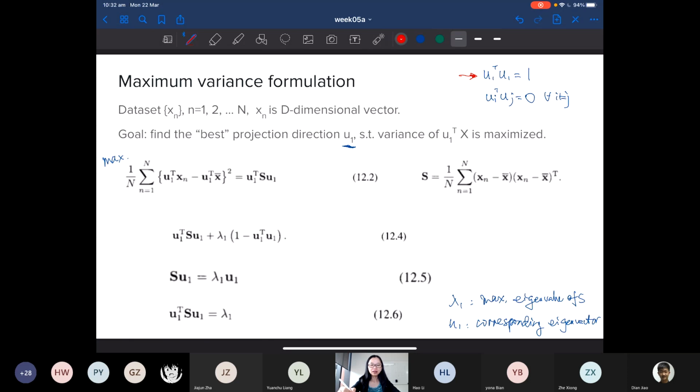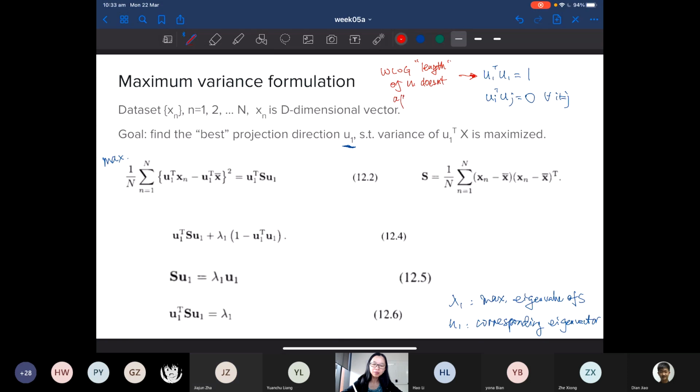But on this slide, what we care about, without loss of generality, is that the length of u1 doesn't matter.